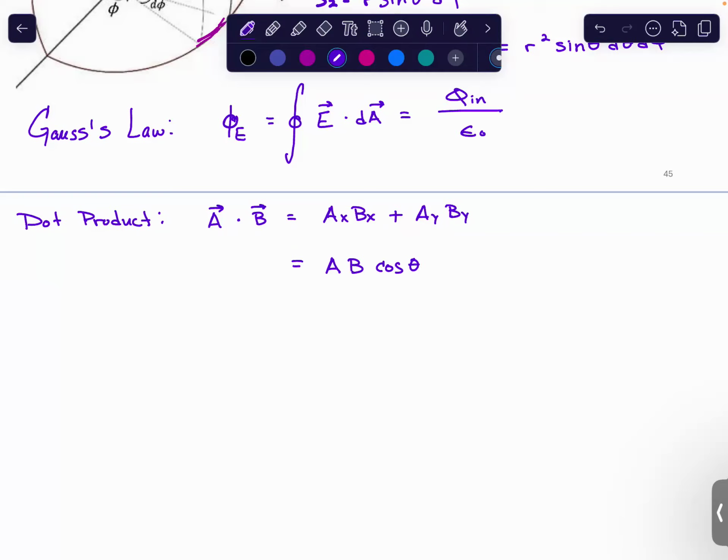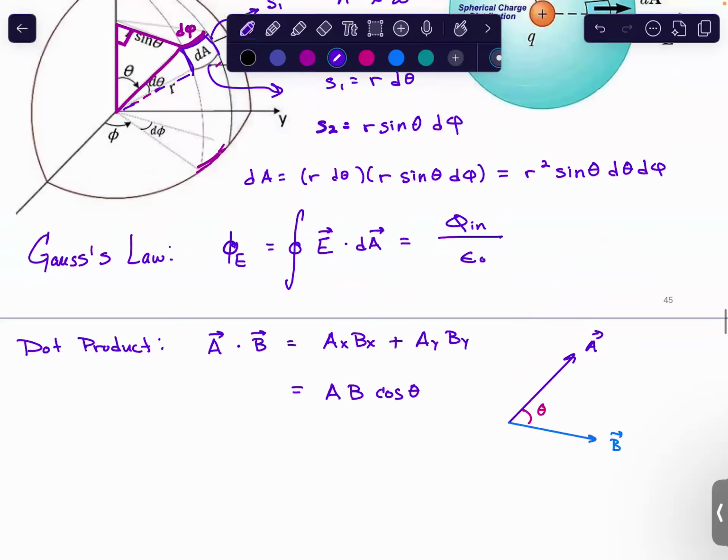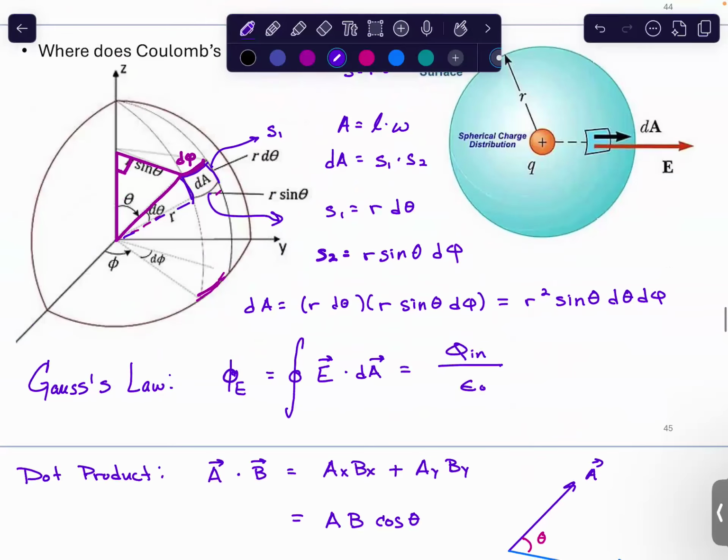So if you had A, B, that's theta. So if we think about the E dot dA, let's look at our Gaussian surface there.